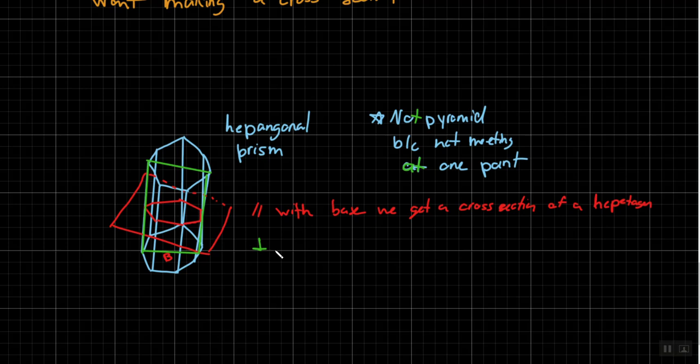So if I'm perpendicular to the base, what shape do I get in my cross section? That's the hardest shape to do. Yeah, that's true. What shape do you think we're gonna get?